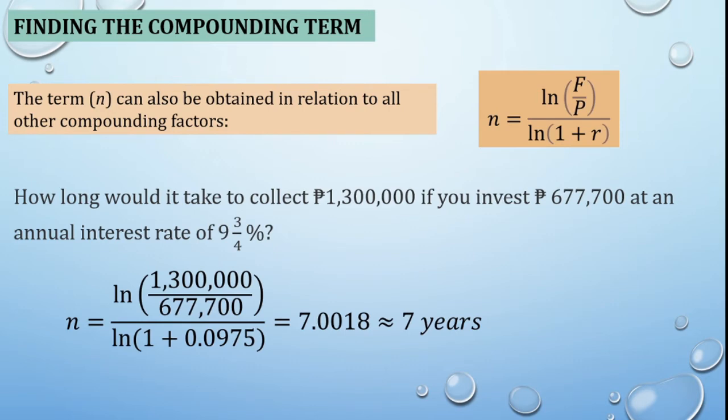Substituting this value to the formula, we obtain 7.0018, or approximately equal to 7 years.